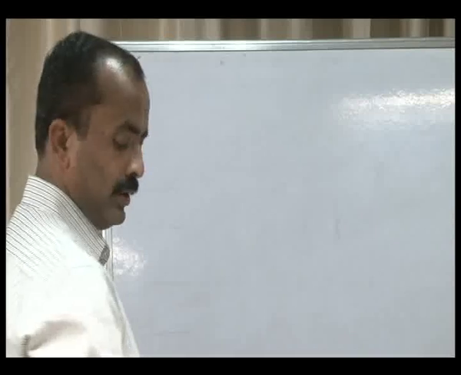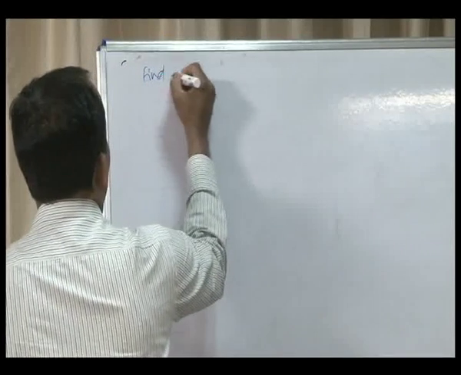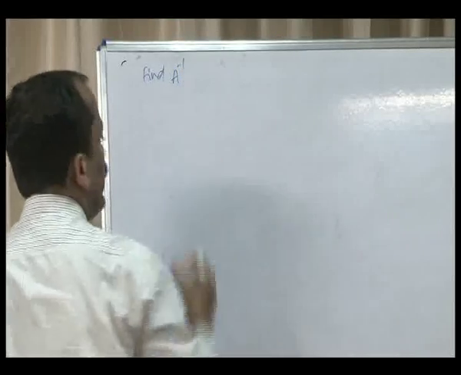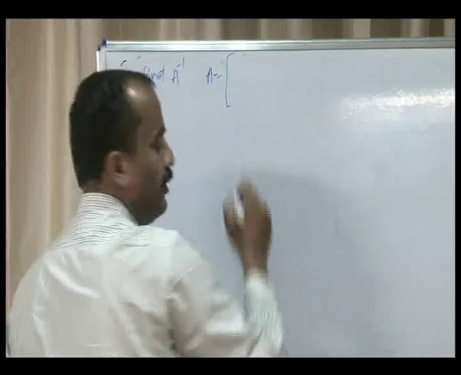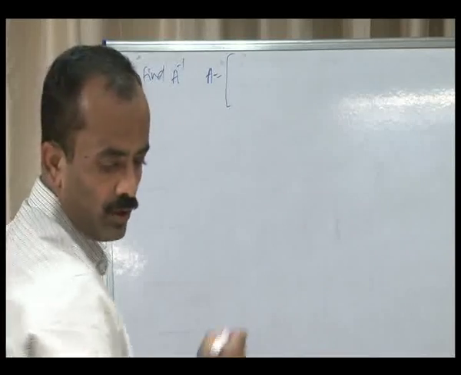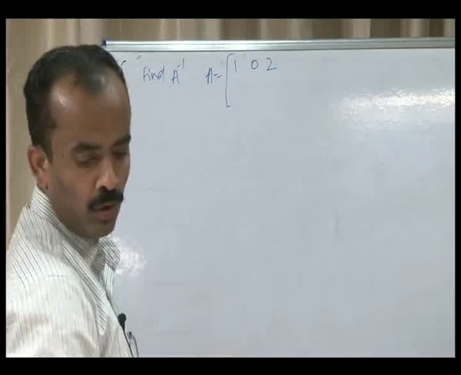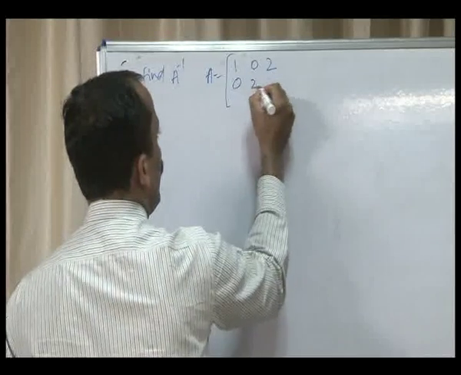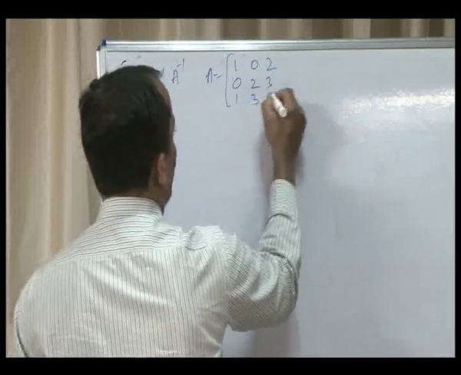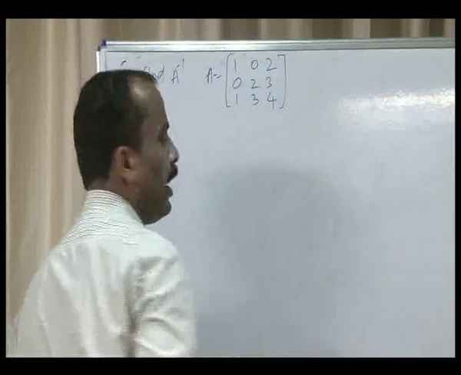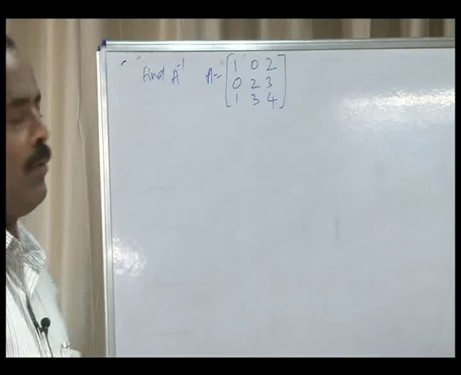Let us find A inverse, means inverse of a matrix, for a matrix A is equal to 1 0 2, 0 2 3, 1 3 4. This is the matrix A, then we have to find out the inverse of the matrix.